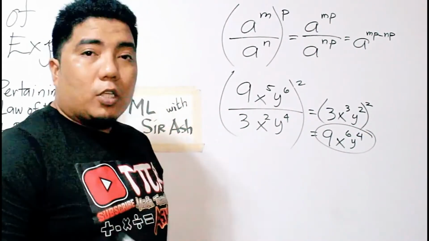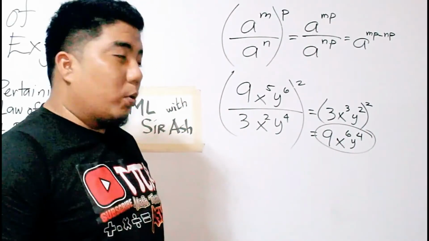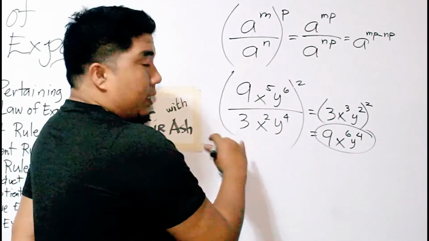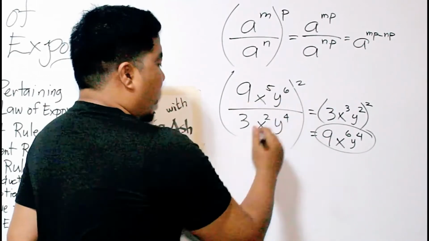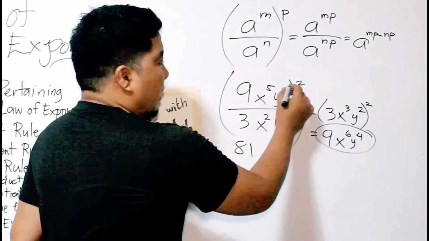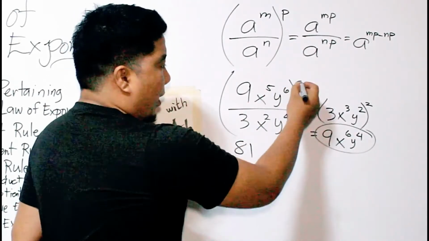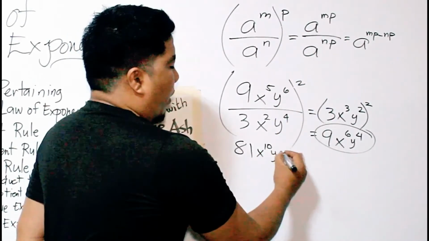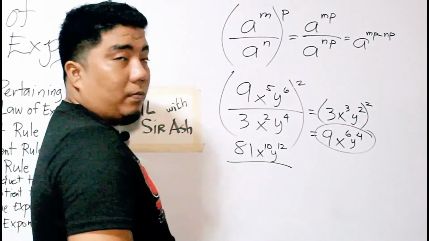Now, the question is, what if you start first with your power rule? If you apply the power rule here, this is another method. So 9 squared, that is 81. x to the 5th power to the second power will become x to the 10th power. Then y to the 6th will become y to the 12th power. You follow?